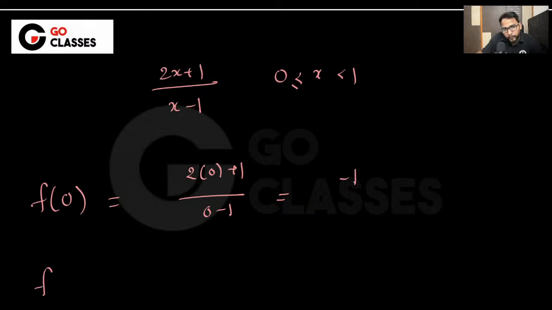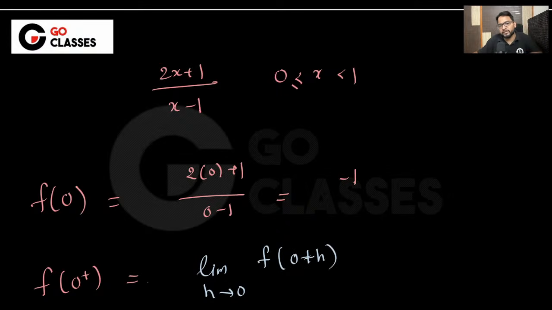Now what is f of 0 plus? For this also you are going to use the same function. You can do the whole calculation: f of 0 plus is nothing but the limit h tends to 0 of f of 0 plus h. 0 plus means just after 0, so it will be just h.